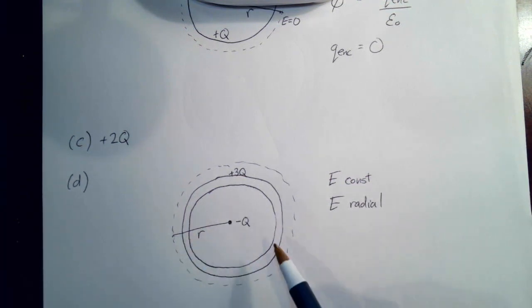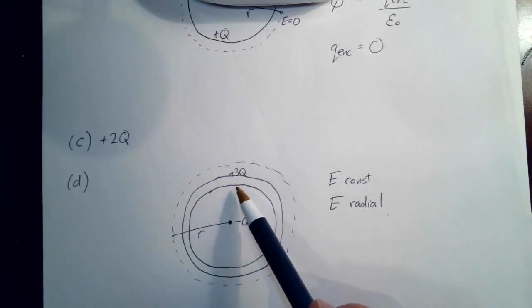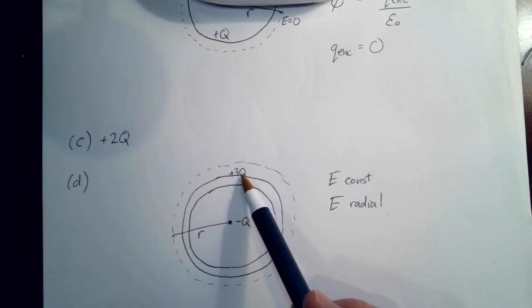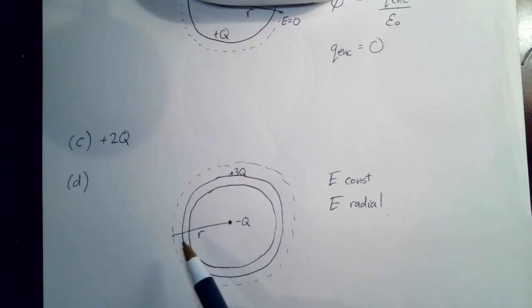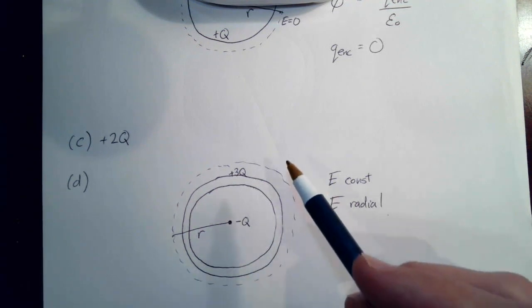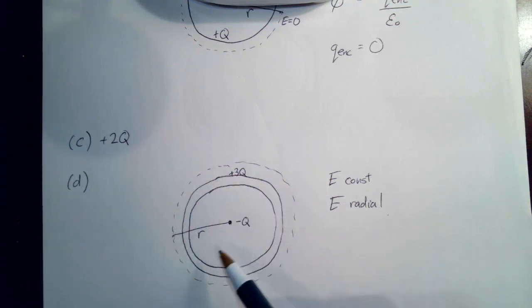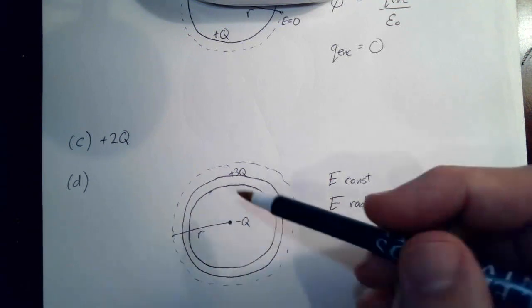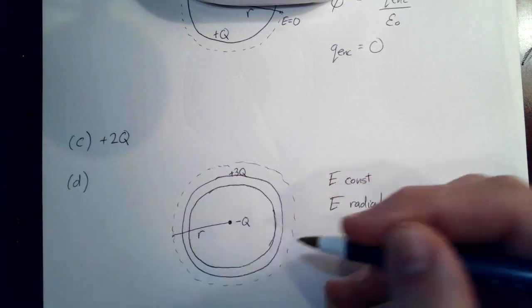One reason we can make that approximation is, again, because of symmetry. We know that this charge 3Q is evenly distributed on the inner and outer surface of this shell. So no point has any different perspective than any other point. They all see the same thing in their immediate neighborhood because everything is evenly distributed in a symmetric fashion.